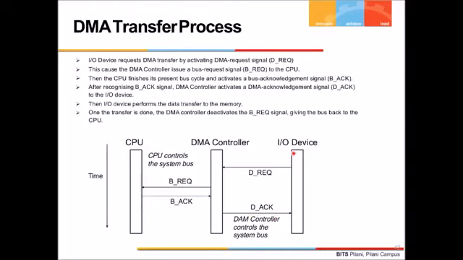This is a confirmation from the CPU side that yes, the bus is free for you. Use the bus to do the data transfer to the memory. Then the IO device starts transferring the data from or to its own memory to the CPU memory. That is the way DMA transactions occur.